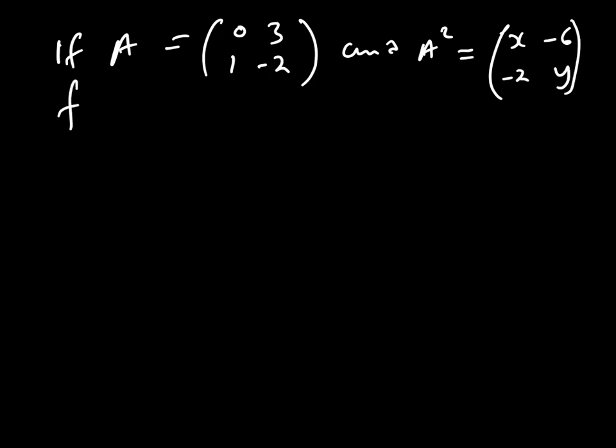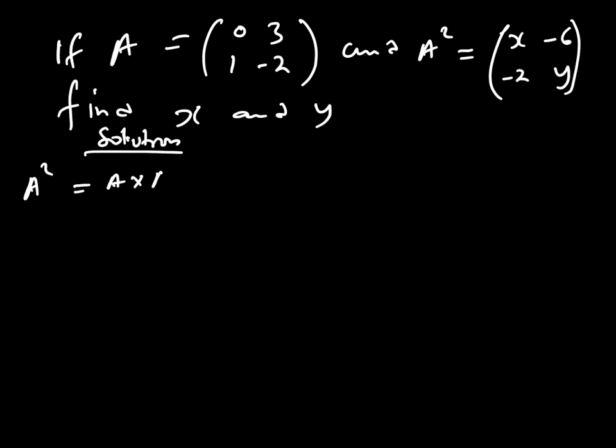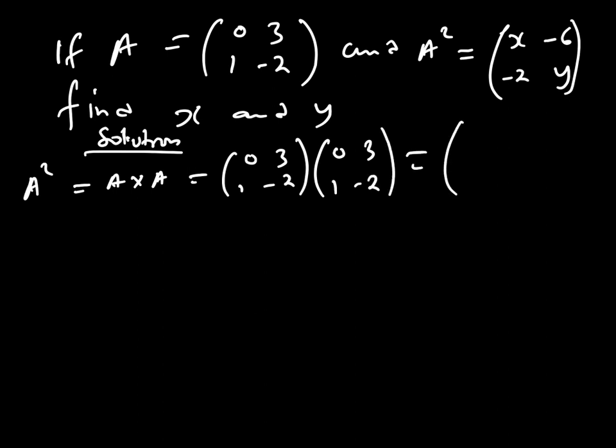The equation is to find x and y. This is very simple. Let's do it super fast. So S squared is A by A. If you get matrix A, which is 0, 3, 1, minus 2, multiply by 0, 3, 1, minus 2, remember, we multiply row by column.